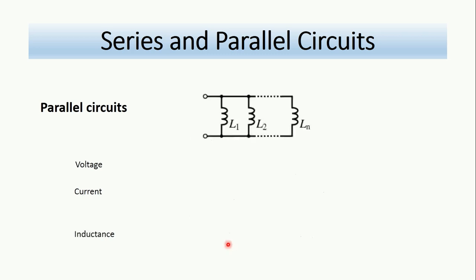So again, the necessary condition here is that the voltage drop across L1 is equal to the voltage drop across L2, equal to the voltage drop across any of the parallel elements here, equal to the total voltage drop. And now, how to find the current in an inductor?